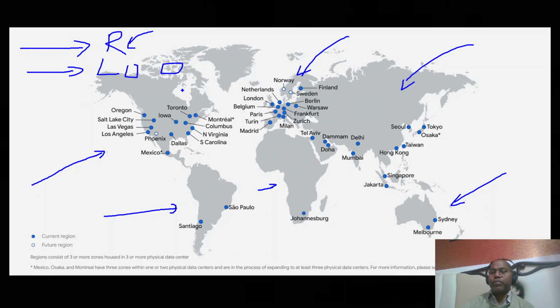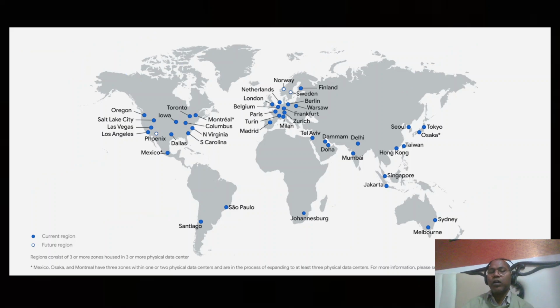The first question is, why does Google Cloud provide these services from different regions? Why not just from one region? The main purpose is that whatever customers use my services, their applications get very responsive in real time. That means our customer can get service from the nearest location.